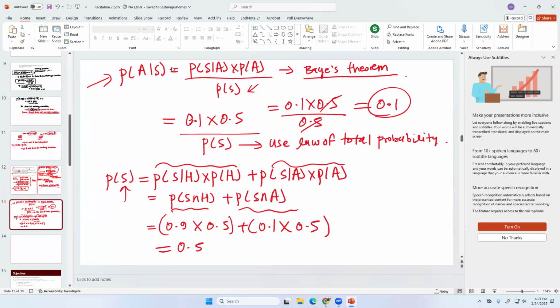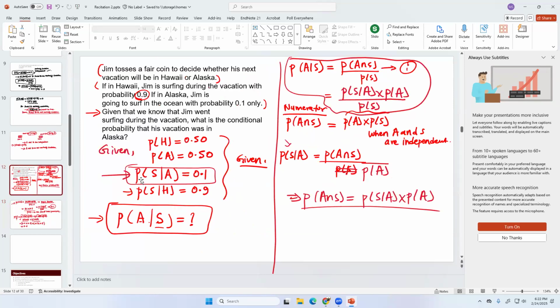S given A is given to you, and you have to find A given S. So whenever you see that sort of thing being asked, lean towards Bayes theorem. Like this is given to us, and we have to find the opposite thing. The immediate thing that comes to my mind is the Bayes theorem when you see things like this. And you could also do probability of H given S.